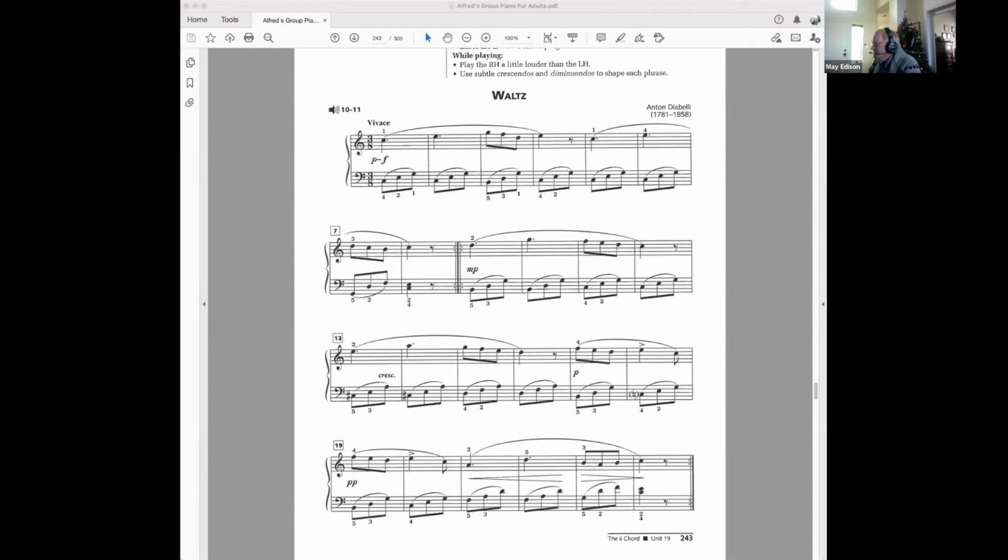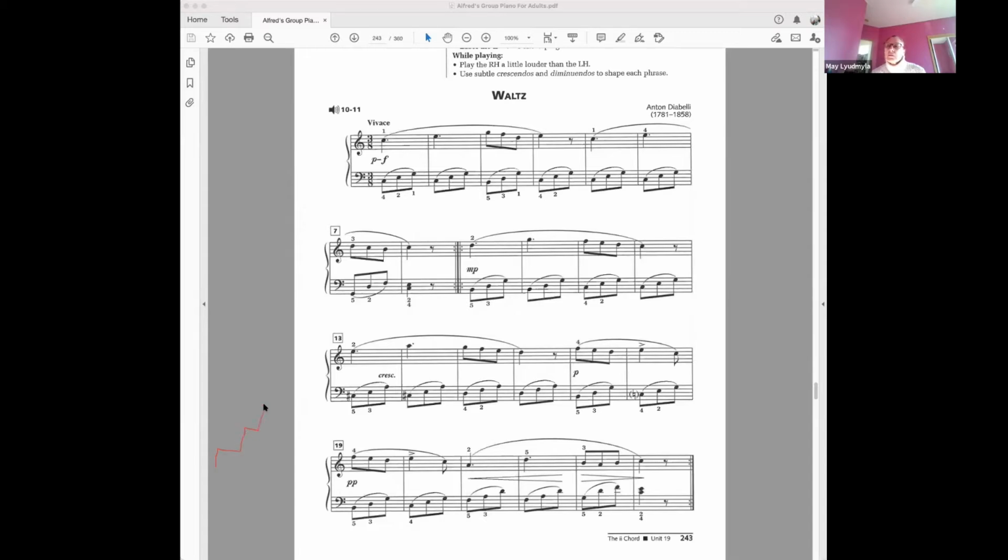I didn't notice that. Okay, so we have quite a dynamic range here, don't we? We go from our softest soft right here, pianissimo, to forte. Where's pianissimo? Here in 19. Oh, way down here. Yep. Okay. In 9 we have piano. So I like to draw stairs.